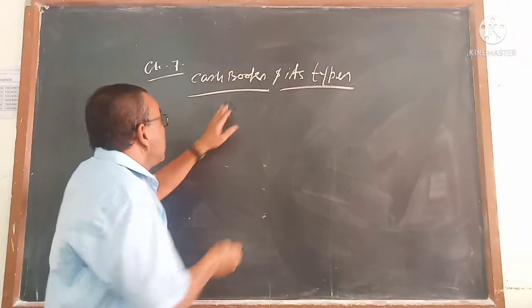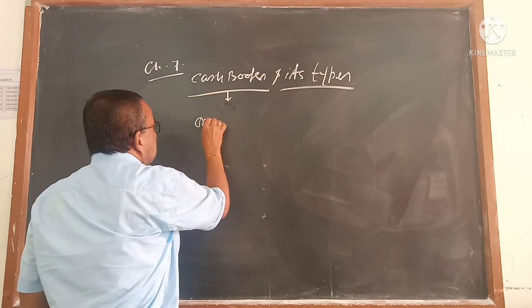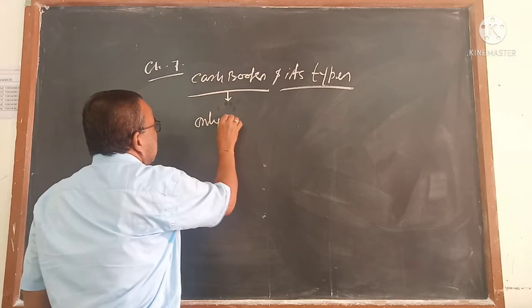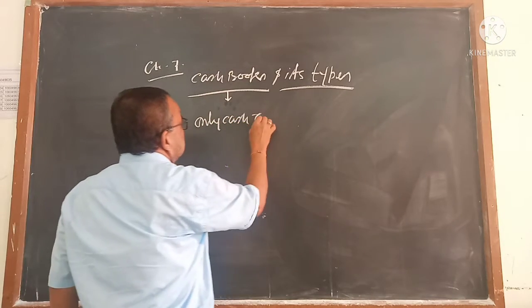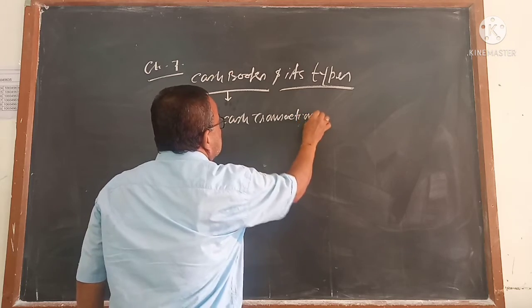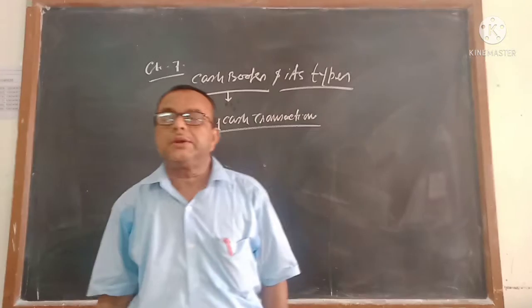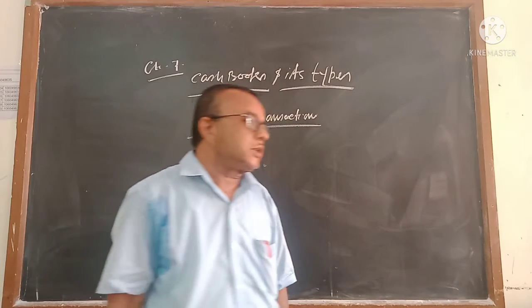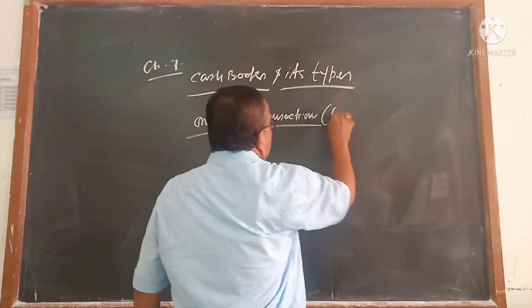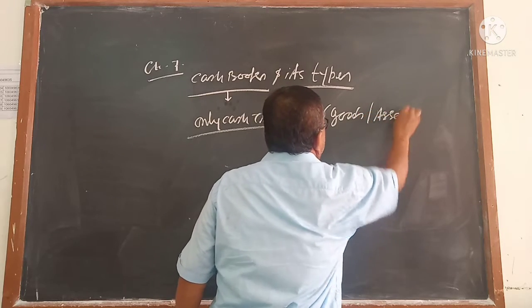In the cash book, what type of transactions will be entered? Only cash transactions will be recorded. No credit transactions will be recorded here. Cash transactions may involve goods or assets.